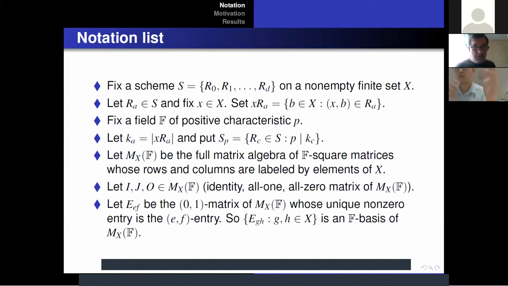If we collect all the matrices Eij, where i, j belong to X, we get an F basis of MX(F).